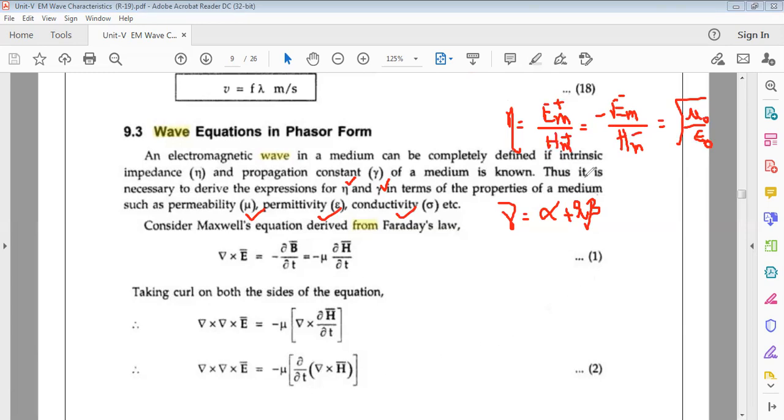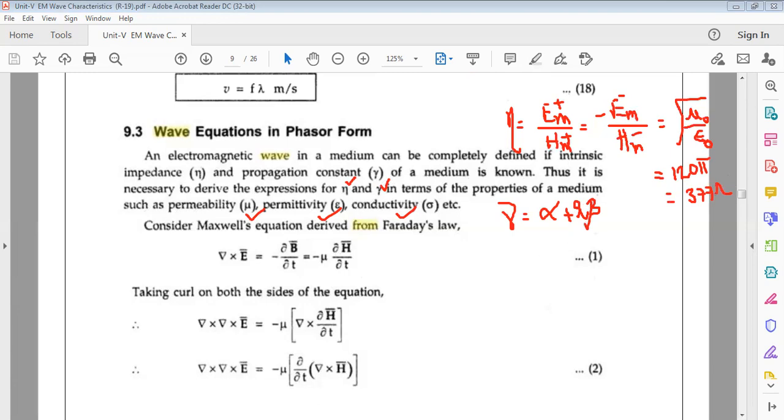The intrinsic impedance is 120 pi, which is also equal to 377 ohms. Okay. So now you can derive eta and gamma in terms of the properties of a medium, such as permeability mu, permittivity epsilon, and the conductivity sigma.